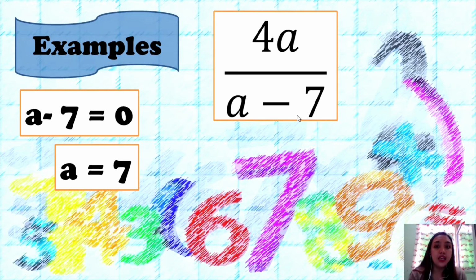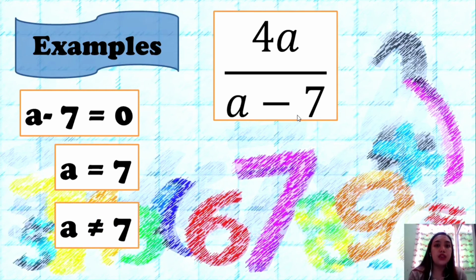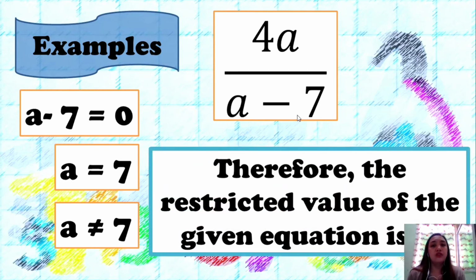So, lahat ng a ay hindi po pwedeng maging 7. Bakit po? Kasi kapag pinalitan natin ng 7 si a, magkakaroon po tayo ng 0 denominator na iniiwasan po nating maging undefined ang isang rational expression. So this will be the conclusion. Therefore, the restricted value of the given equation, which is 4a over a minus 7, is 7.